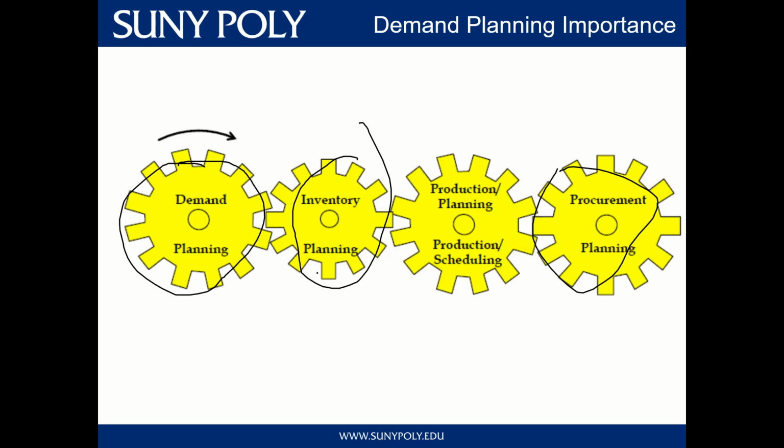The finance area needs that information so they can identify the amount of money, the resources that are required to be able to keep up with the operation of the company. So demand planning is critical. Time series analysis is key here because that's how we make a forecast for the demand planning process.